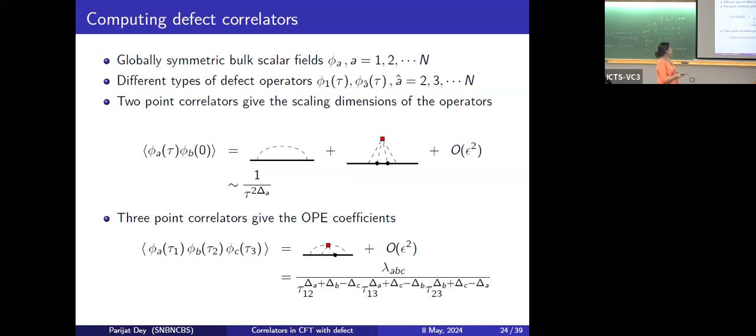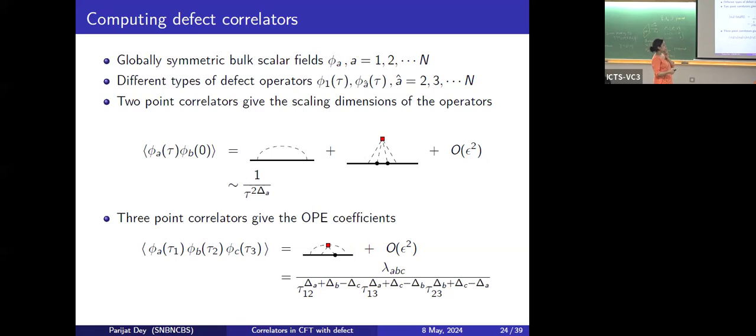Okay, so these are the computations of the correlation functions, and I am almost running out of time. These are just the 2-point functions of the correlators, and we can have different correlators of different operators, phi 1 or the other phi's, which run from 2 to n. This is the 2-point function diagram: the leading order term, and the first order in bulk coupling.